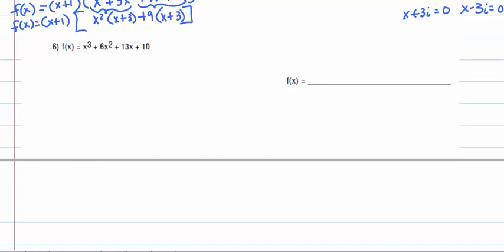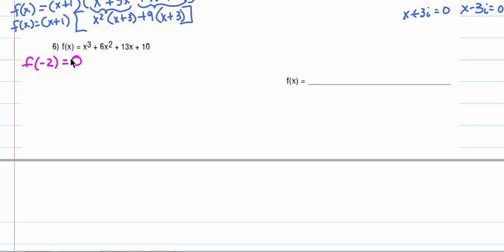Since I can't factor it by grouping, I'm just going to go through some potential zeros. I find that f of negative 2 equals 0. So once I find that negative 2, by plugging in negative 2 into that function and getting 0, then I know negative 2 is a 0.